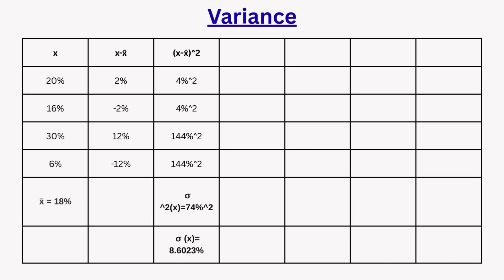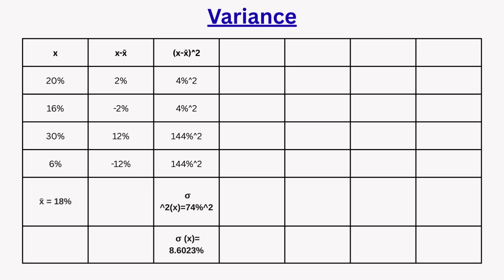So when we find the variance of it, it will be 4% square, 4% square, 144% square, and 144% square. And the total summation of this divided by number of years, that is 4, we will get the variance of x coming to 74 percentage square.